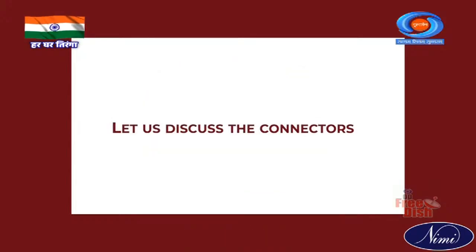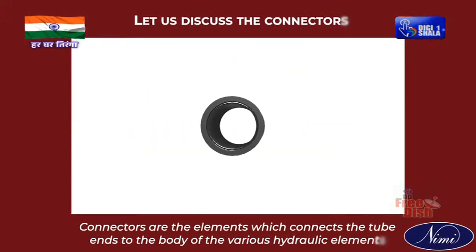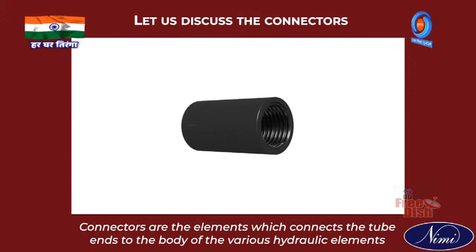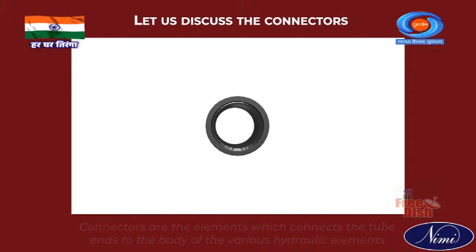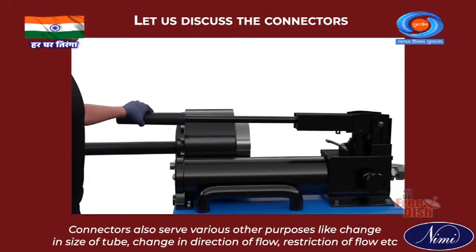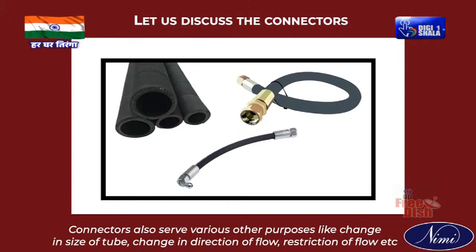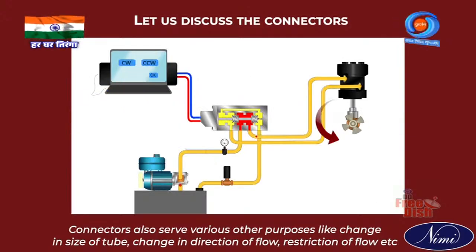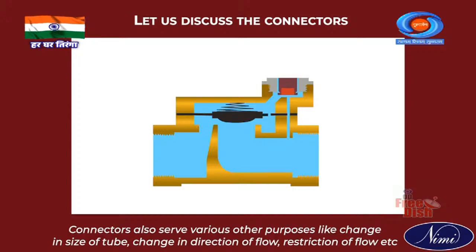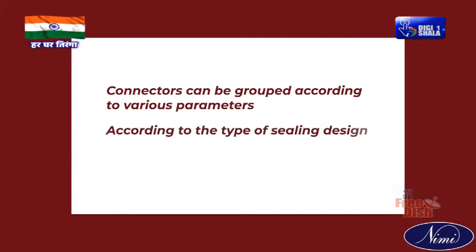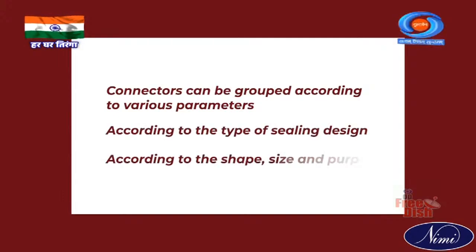Let us discuss the connectors. Connectors are the elements which connect the tube ends to the body of various hydraulic elements. Connectors also serve various other purposes like change in size of tube, change in direction of flow, restriction of flow, etc. Connectors can be grouped according to various parameters: type of sealing design, shape, size, and purpose used for.